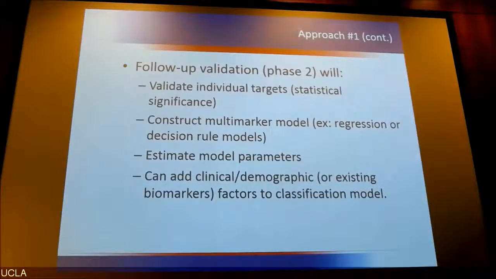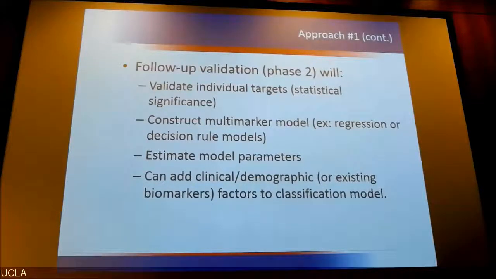So typically, within the overall approach, after we do our initial discovery and reduce down to a more manageable marker set, the next goal will be a follow-up study where we can validate those individual targets in an independent sample set, and then construct a multi-marker model.